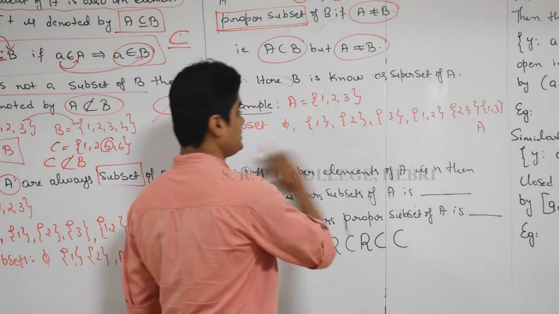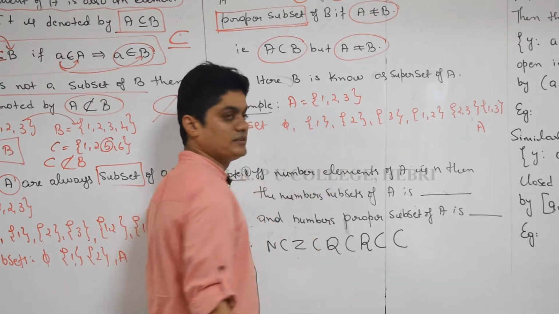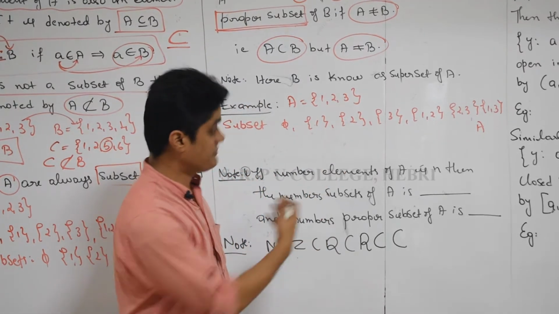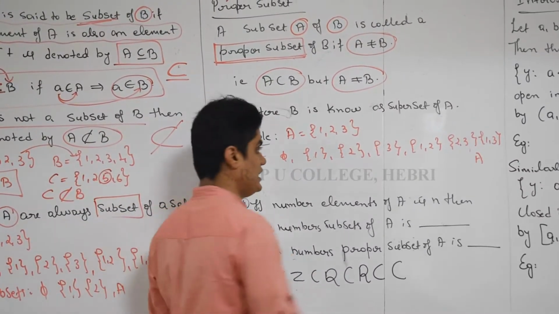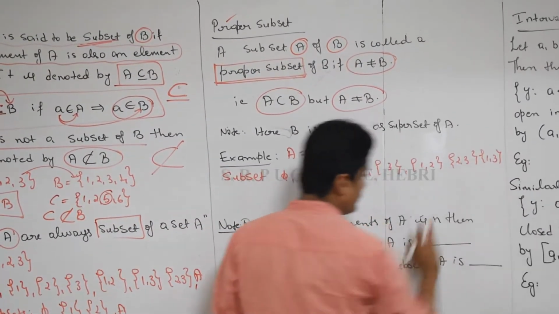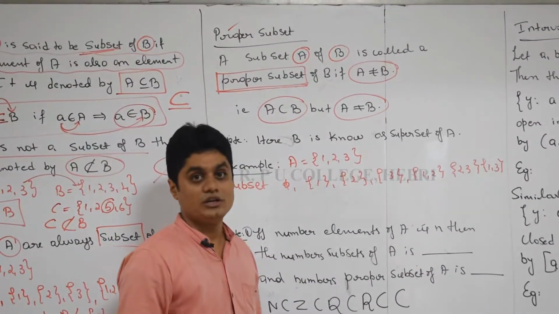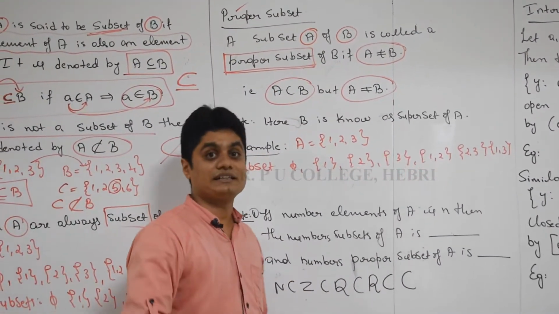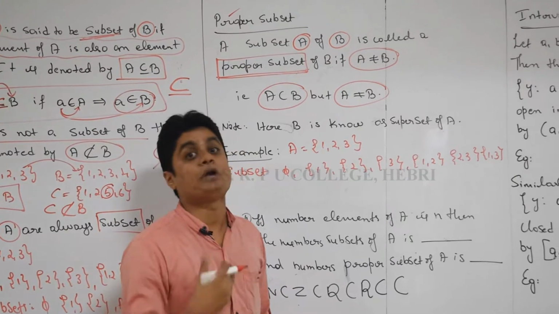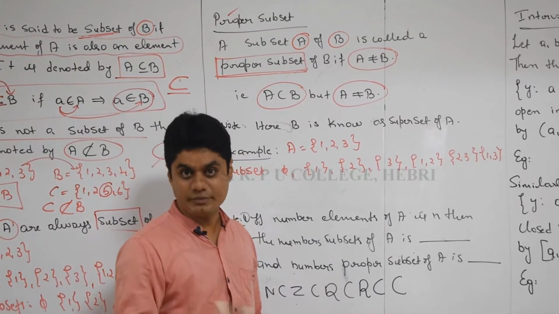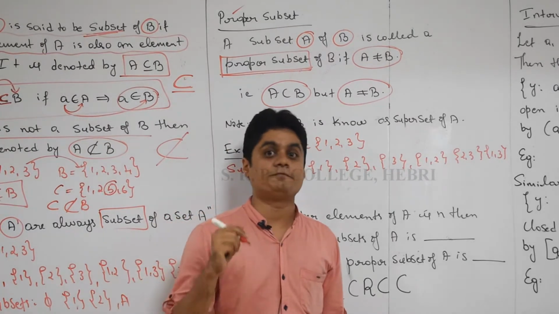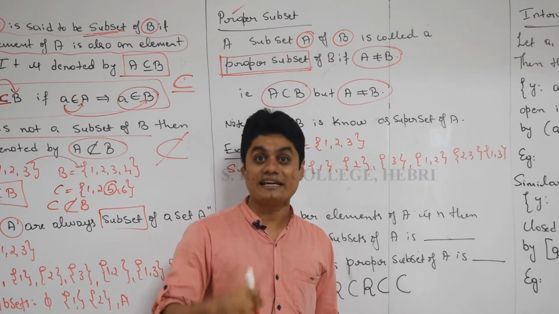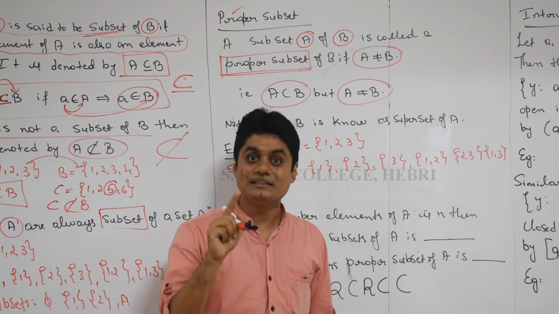Okay, so in this list of subsets, which one must be removed? How many subsets do we have to remove which fail this condition? What is the answer? Yes, only one subset. One subset you have to remove from the set of all subsets to get the proper subsets of the set. I'll repeat: only one subset you have to remove from the list of subsets to get proper subsets, and that is the set itself.